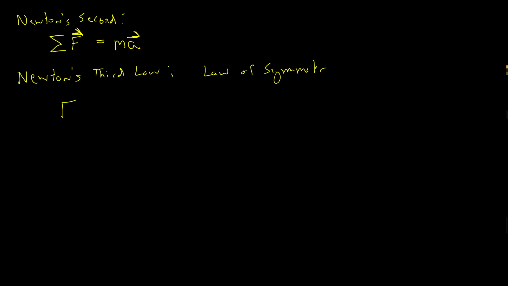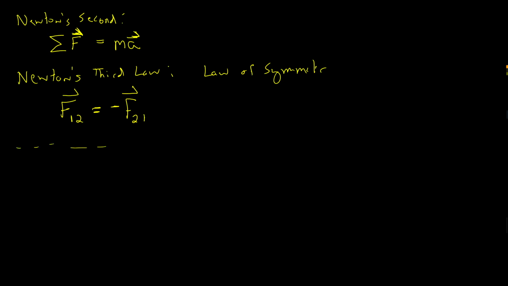If the force on object 1 is applied to object 2, it is equal and opposite in vector direction to the force that object 2 will push on object 1. So forces come in equal opposite pairs. When you push on a book, the book pushes back on you. And these three laws together let us determine all motion.